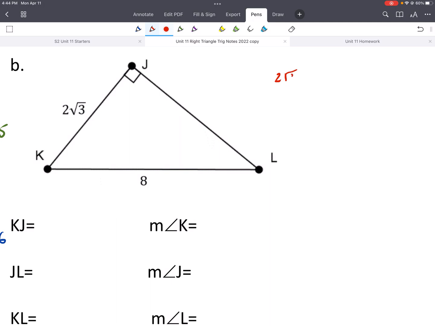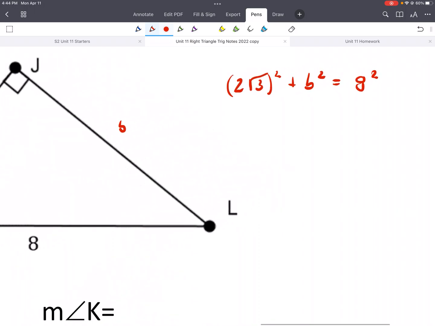So 2 square roots of 3 squared plus, maybe we'll call this b squared, equals c squared, which is 8 squared. So again, when we square this, we're squaring the 2 and we're squaring the square root of 3.